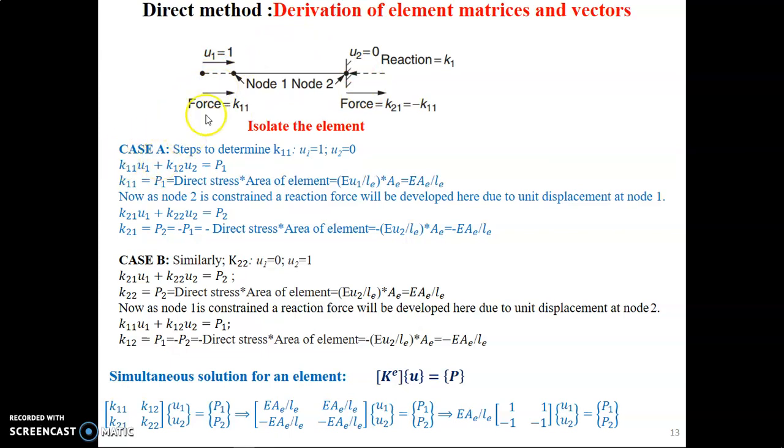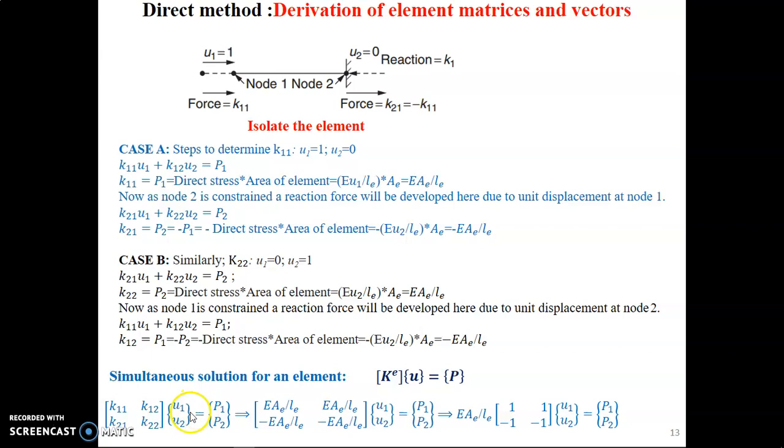In case A, we will be studying only the force acting at node 1, and then we will be studying the reaction developed at node 2 due to the force P1 acting on node 1. Similarly, in case B, we will be studying the effect of the force P2 acting on node 2, so that a reaction will be developed on node 1.